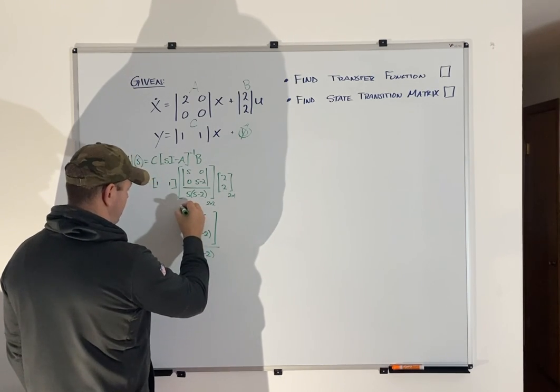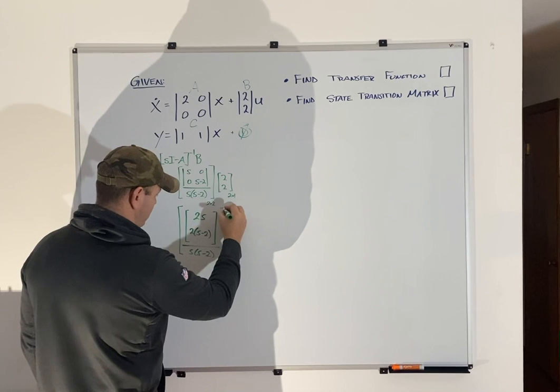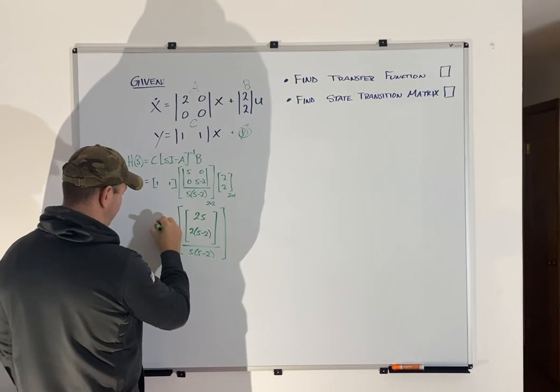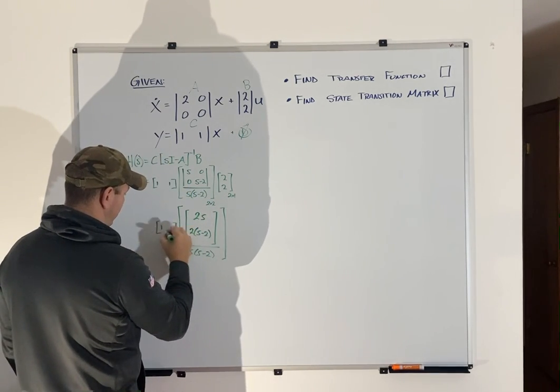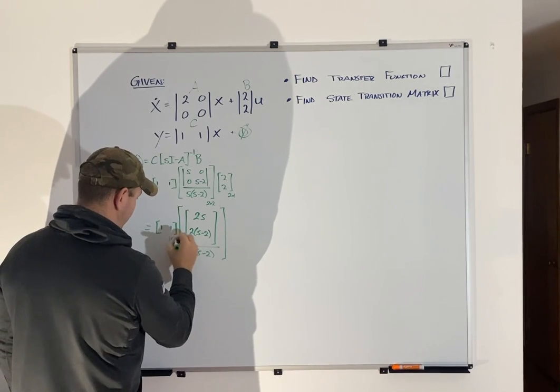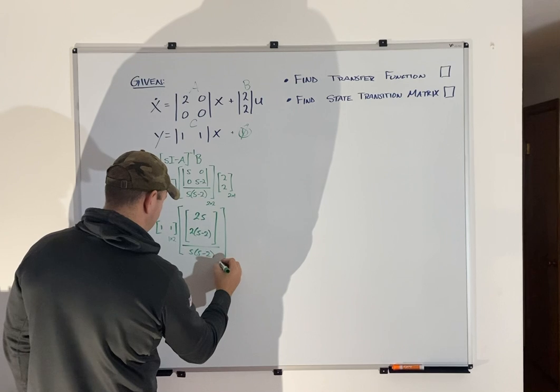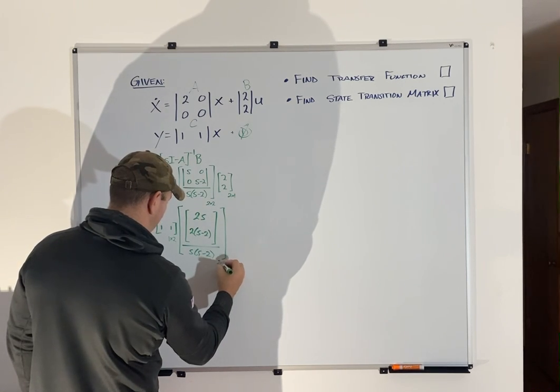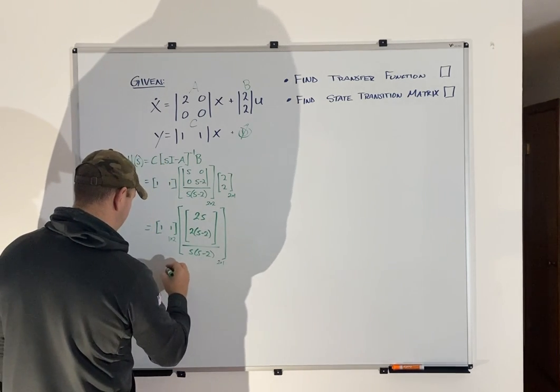Okay? Big brackets for that, and now we're going to multiply that by our 1, 1 right here, and that 1, 1 is going to be a 1 by 2 times a 2 by 1. It's going to leave us with a 1 by 1.